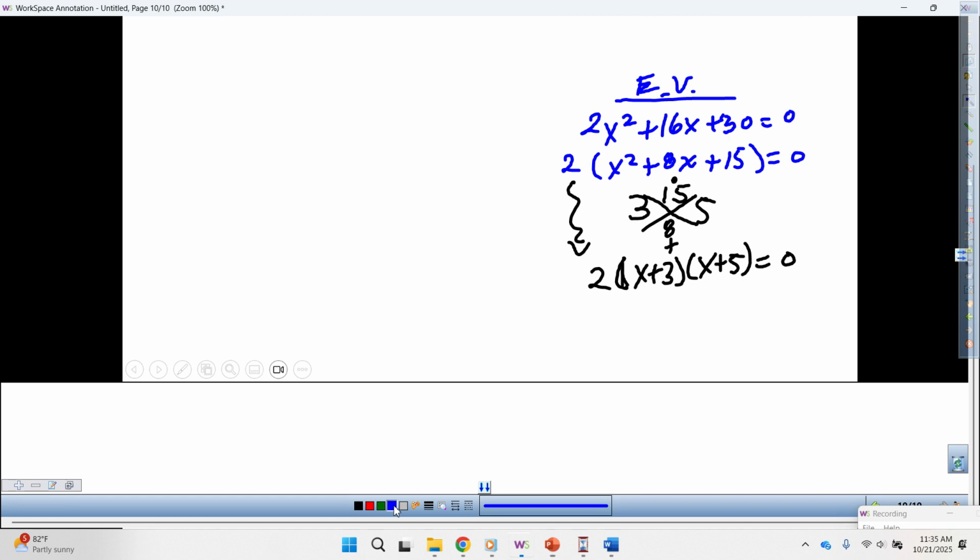All right, find me the excluded values from there. You should be able to. Minus 3, x equals negative 3.